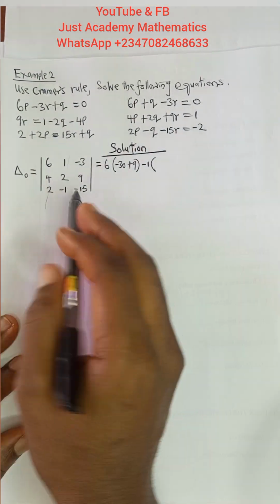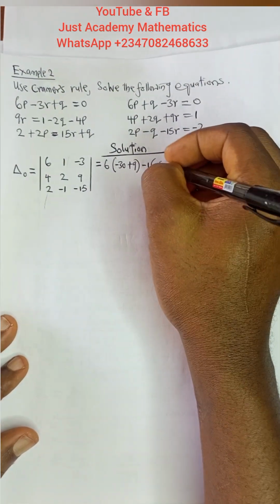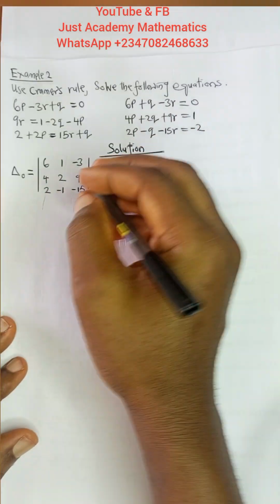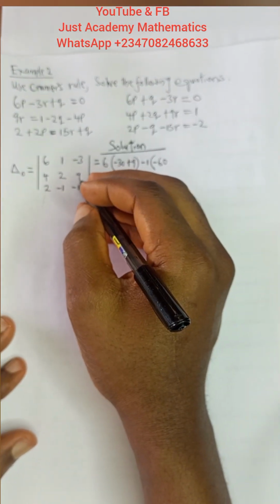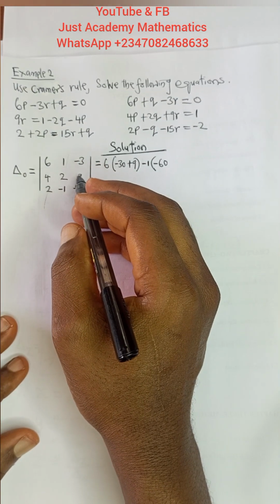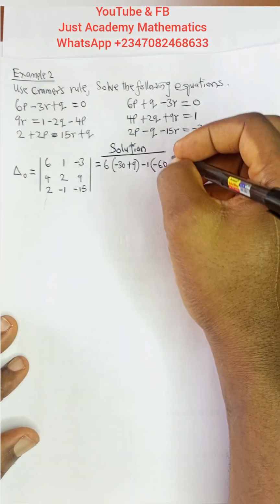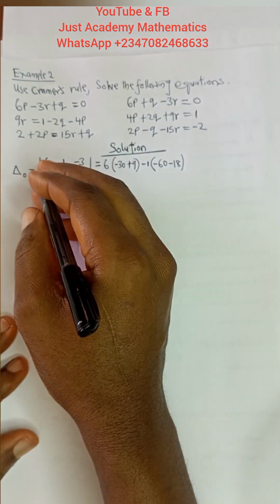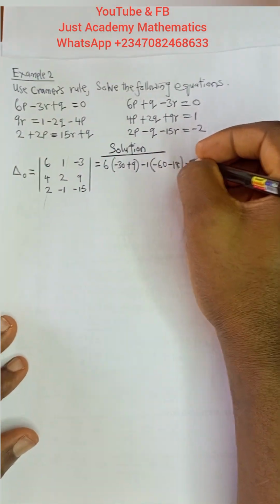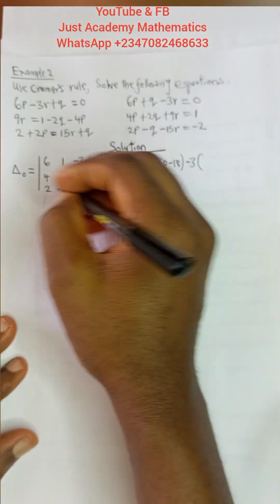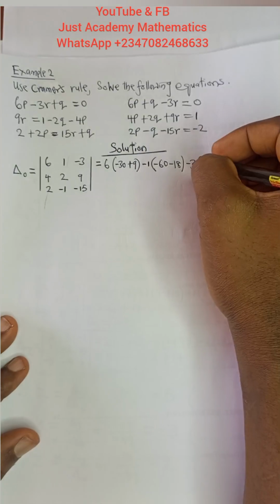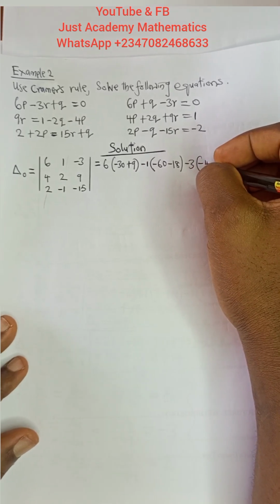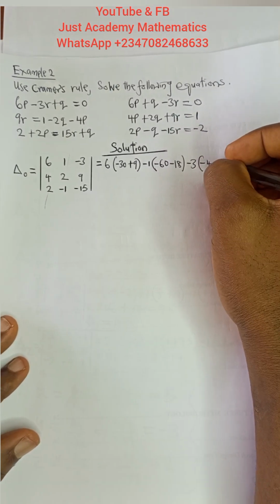We have 4 times -15, -60. Then 9 times 2, 18. That is -18. And then plus, minus, plus. So here we remain -3 times what? Out, out. -4, and then -4 again.